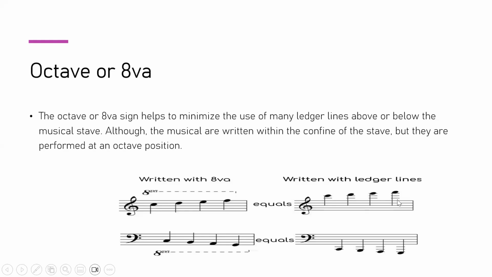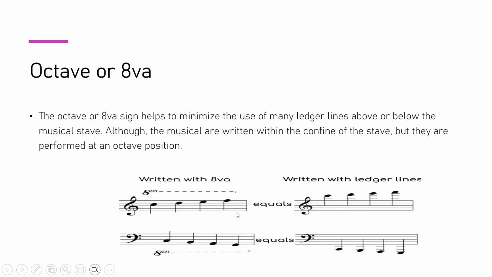Instead of introducing this ledger lines, you can see that for us to accommodate this note called F, we have to introduce one, two, three ledger lines. Unlike in this case, we don't need ledger lines, but we put it as an octave because of this octave sign. Is that okay?